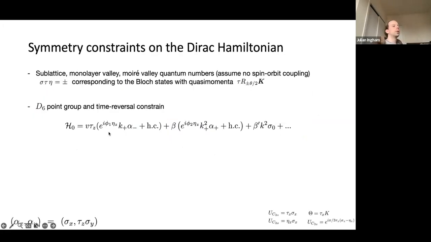Okay, so that's the experimental situation. There's a great deal of evidence that the normal state is this polarized Dirac theory, and this polarized Dirac theory has a number of implications and seems to be strongly associated to the correlated phases.